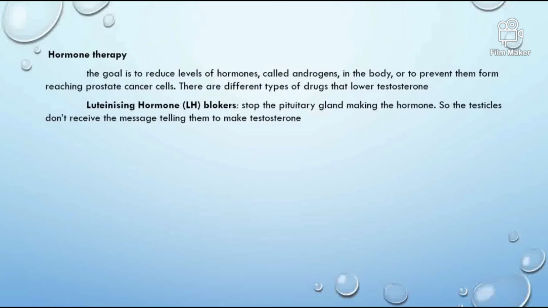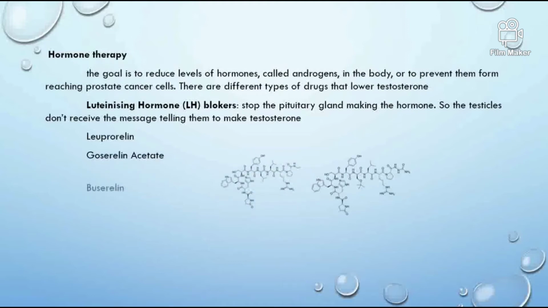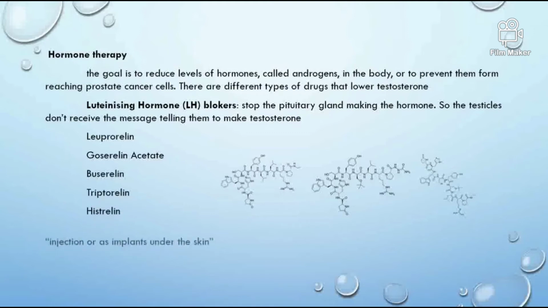They stop the pituitary gland making the hormone, so that the testicles don't receive the message telling them to make testosterone. These are leuprolide, goserelin acetate, buserelin, triptorelin, and histrelin, and they are injected or implanted under the skin.